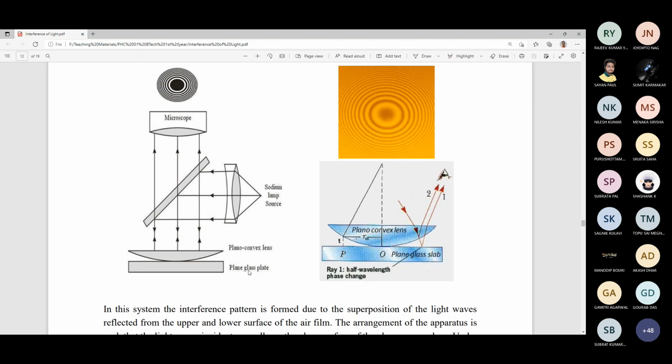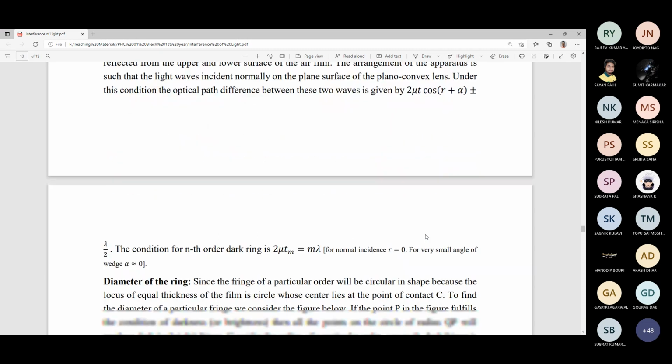the path difference is twice mu t cos r. Now, if we consider normal incidence, then r equal to 0, so cos r equal to 1. So the path difference is twice mu t. But one of the beams undergoes a phase shift of pi. So twice mu t equal to n lambda.